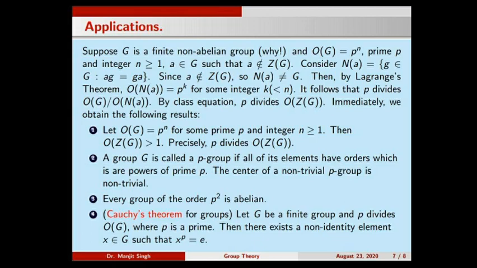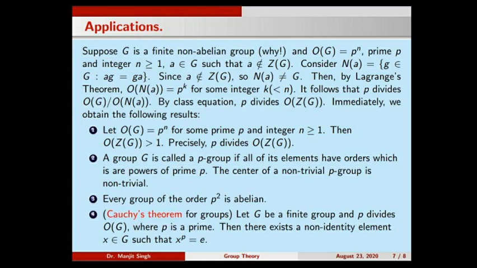It follows that p divides order of G upon order of N_a. This number is divisible by p, because the denominator is p raised to power k and the numerator is p raised to power n, so the number is p raised to power n minus k with k less than n. So it means that n minus k is at least 1.